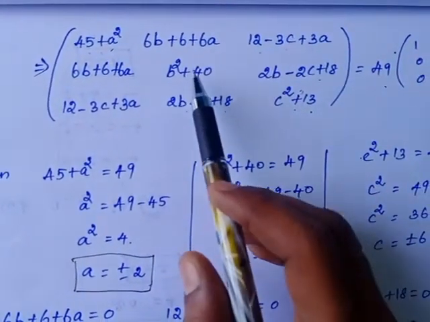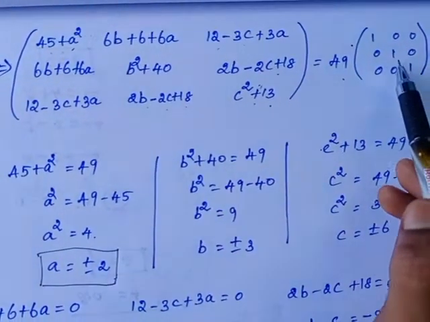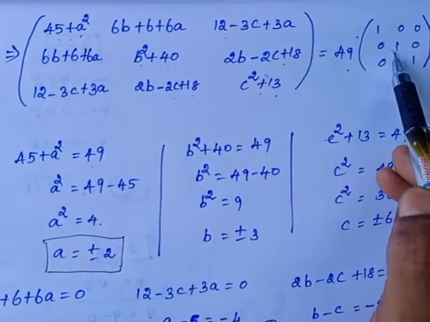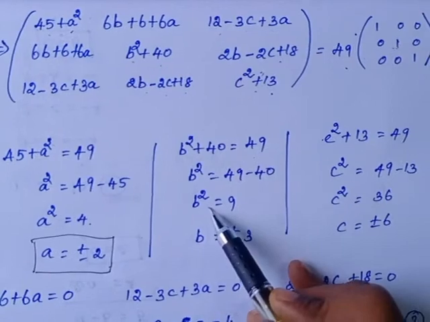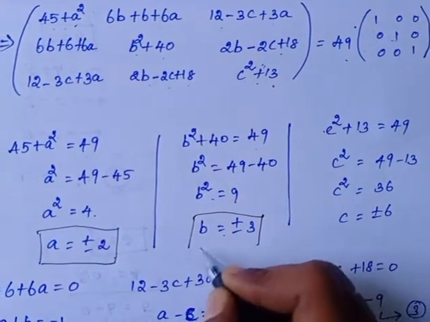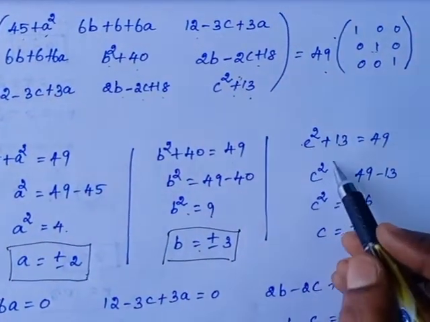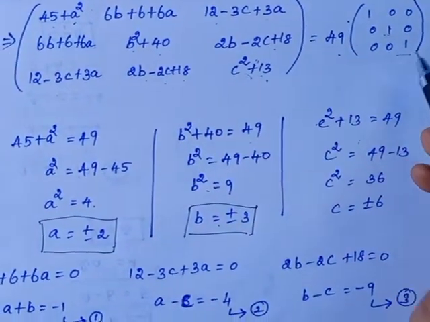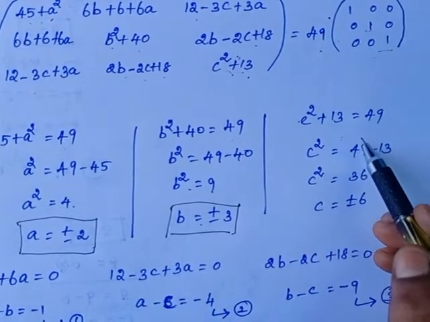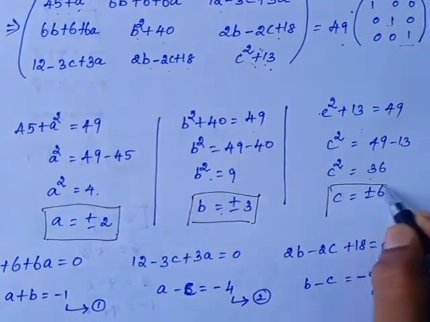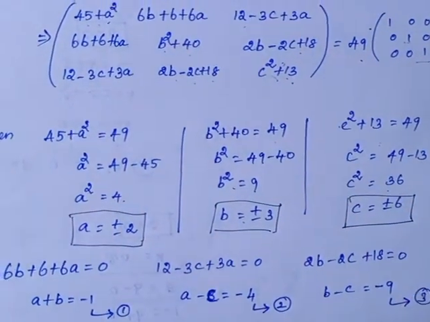Next, B square plus 40 is equal to 49. We get B square equal to 9, so B equals plus or minus 3. The next, C square plus 13 equals 49, so C square equals 36, then C equals plus or minus 6.